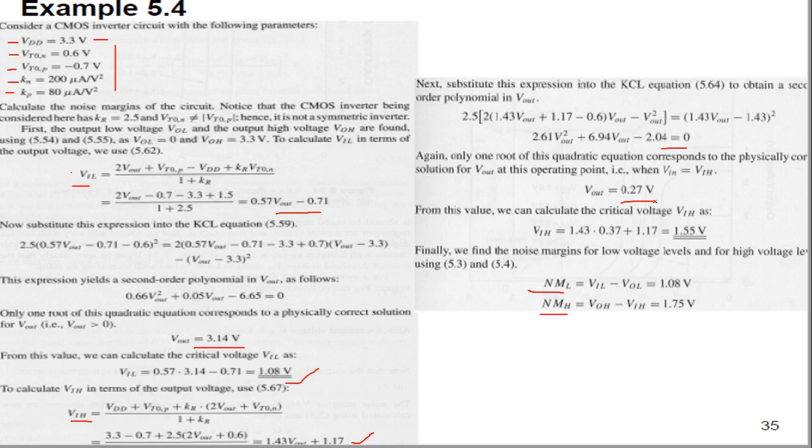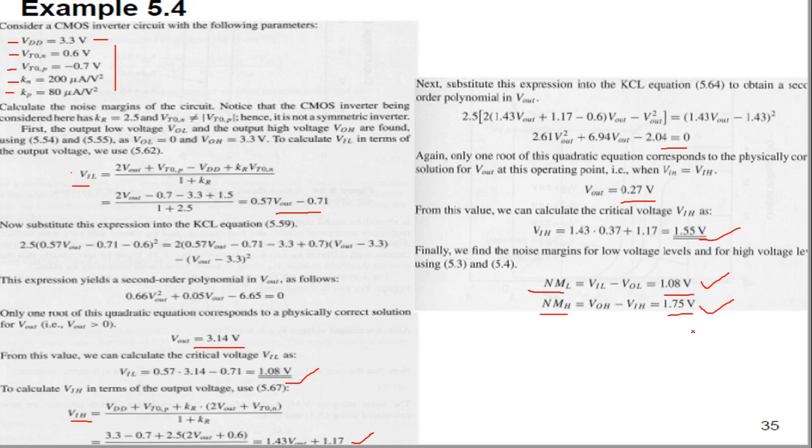From this you will get the value for VIH here, and once you know the values of VIL and VIH, you can very well calculate the noise margin low and the noise margin high. So in this case, the noise margin low is 1.08 voltage, and the noise margin high is 1.75 voltage. Since they are not equal, it is not a symmetric inverter.